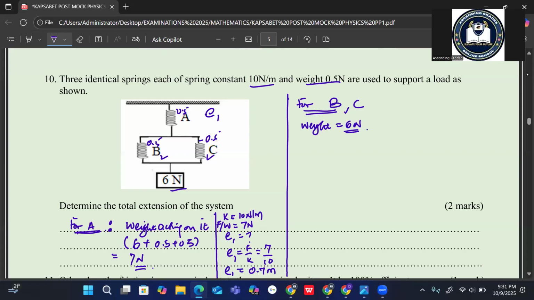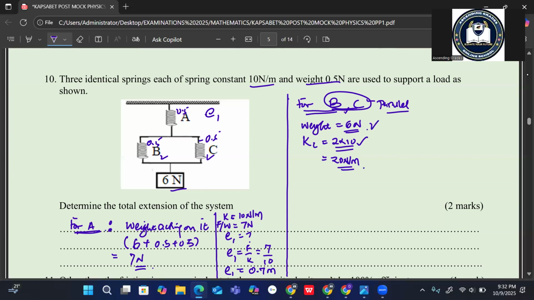Since they are 2, we shall have a combined spring constant, which will be 2 times 10. I repeat, for B and C, they are in parallel. So the effective spring constant will be twice the spring constant of one spring. So it will be 20 newtons per meter.